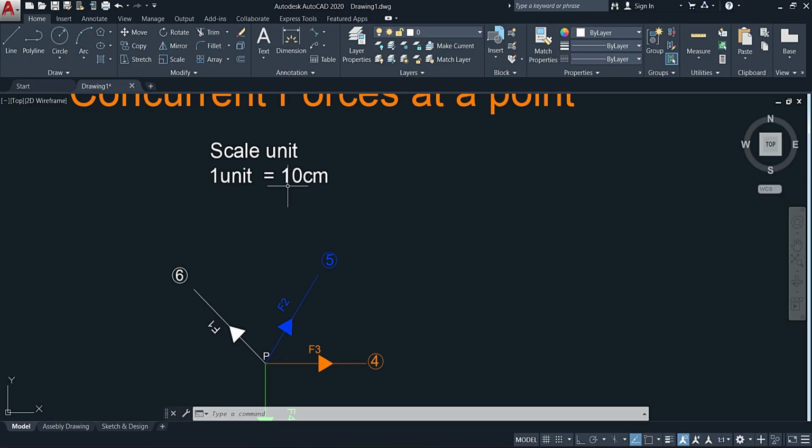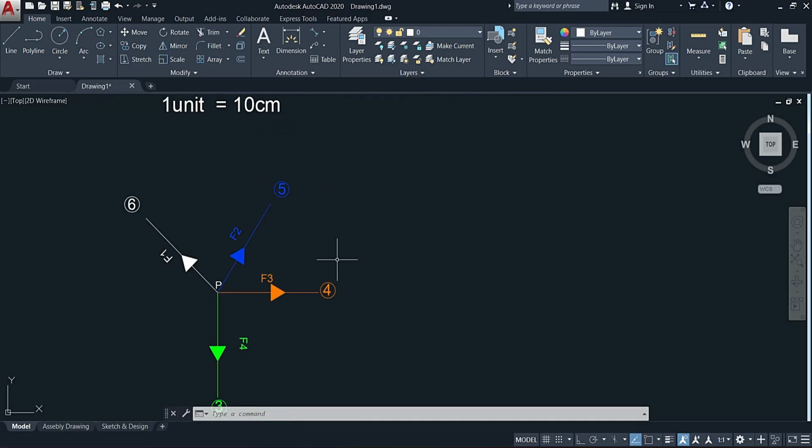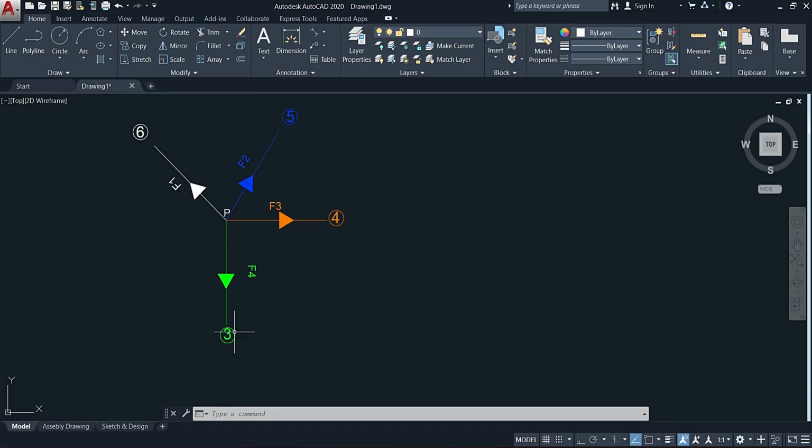For example, in this case, this 5 units will be equal to 50 centimeter because you multiply it by 10 centimeter. This 4 unit will be equal to 40 centimeter. This 6 unit will be equal to 60 centimeter, and this 3 unit will be equal to 30 centimeter.